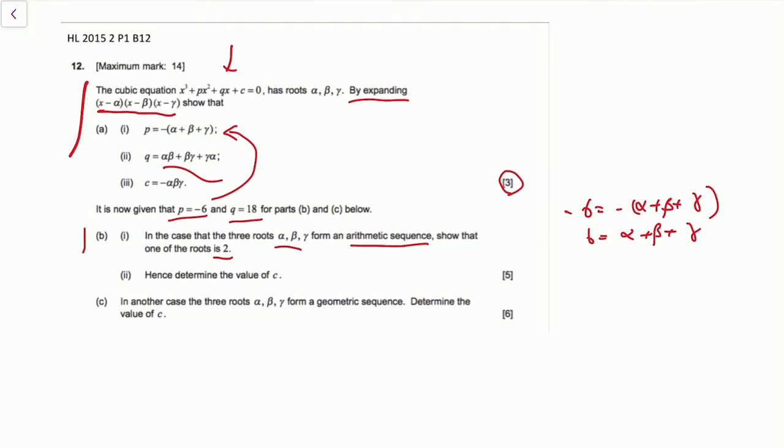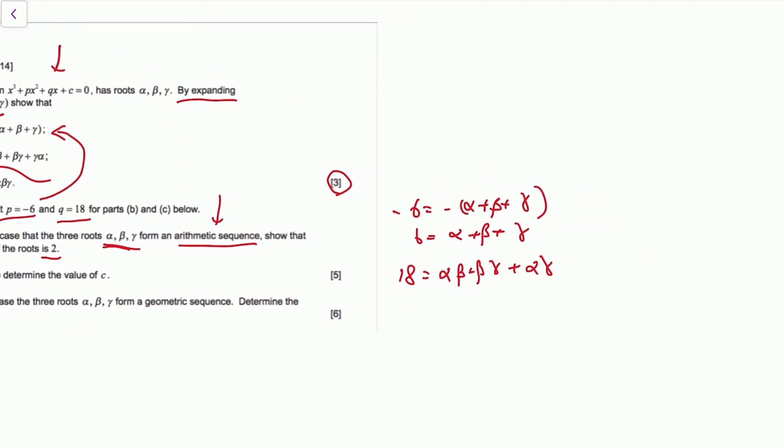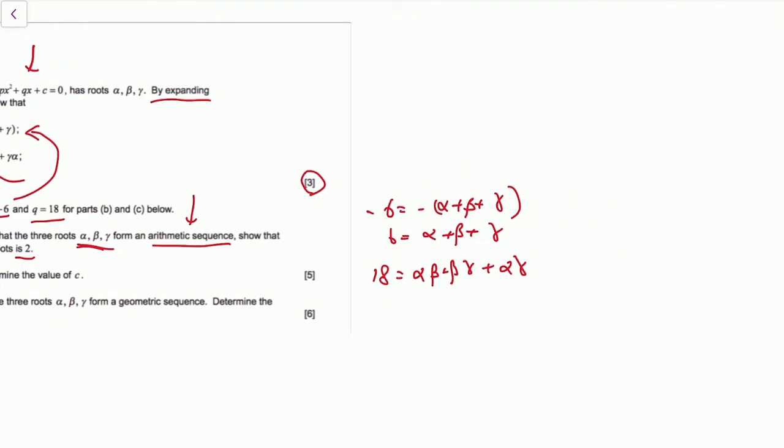And q is 18, so we know that 18 is alpha beta plus beta gamma plus alpha gamma. Then you're supposed to use the fact that the 3 roots are an arithmetic sequence. What most people would probably do is assume alpha is the first term, common difference d, so beta is alpha plus d, gamma is alpha plus 2d, and you sub it into both.